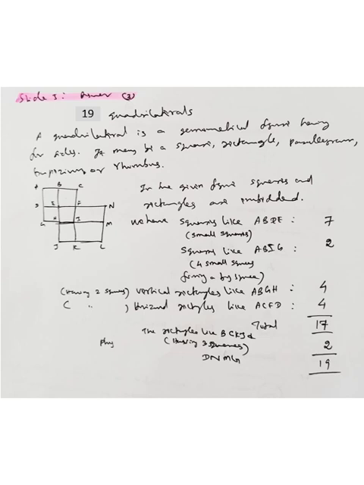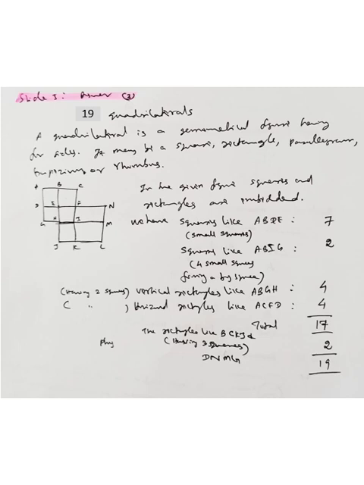So by looking at the vertices named figure, we can see that we have a number of squares like ABD, that is a single small square, 7 in number. It is not 8, it is 7 because the bottom right square of the top square and the top left of the bottom square overlap.